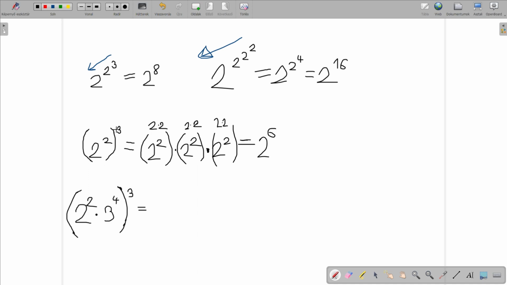Our main takeaway here is that if we have something in a parenthesis raised to the power of something, then we multiply the 2 indexes. So this is 2 to the power of 2 times 3, which is 6. So this is our main takeaway.